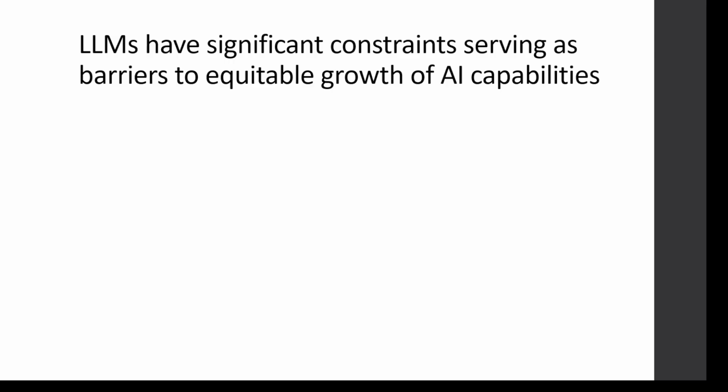However, large language models have significant constraints serving as barriers to equitable growth of AI capabilities. First, industry experts acknowledge that the performance of large language models in many NLP tasks will continue to improve as more parameters are added to the model. As we increase layers and training data grows, parameters will increase.